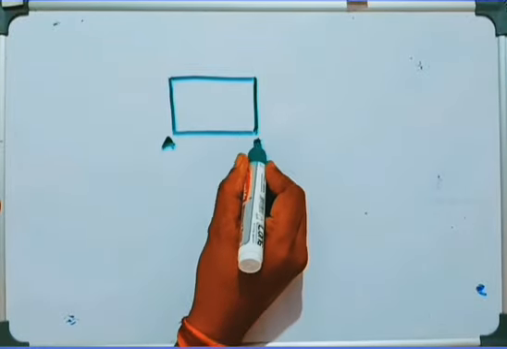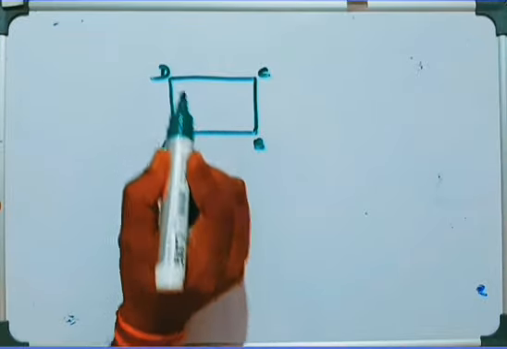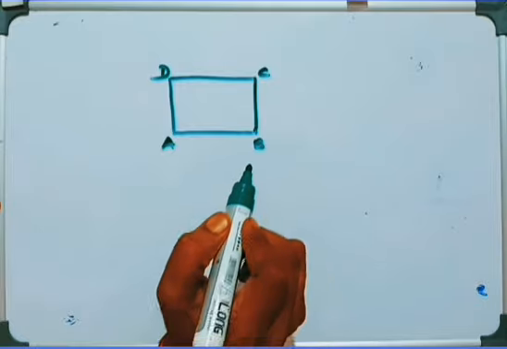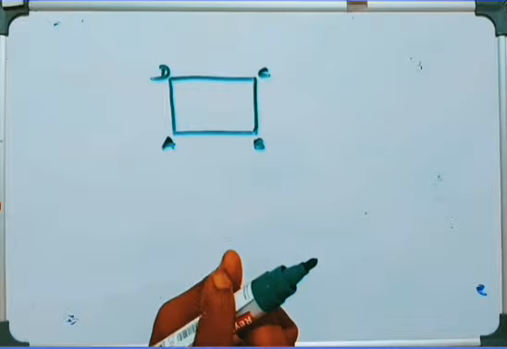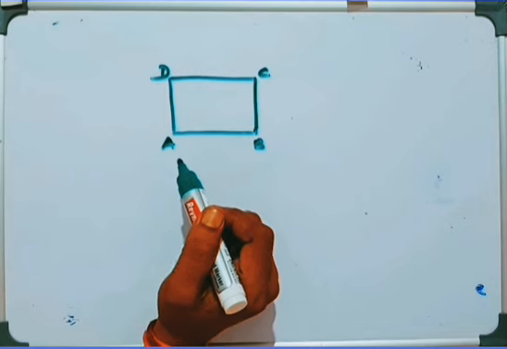Now first of all we will draw a rectangle. A, B, C, D are the vertices of the rectangle. One unique feature of the rectangle is that in a rectangle opposite sides are equal.